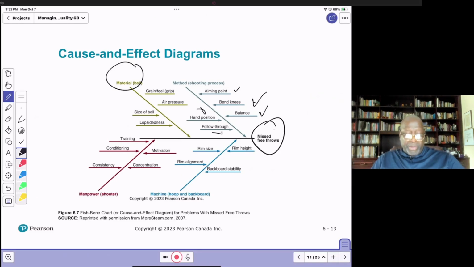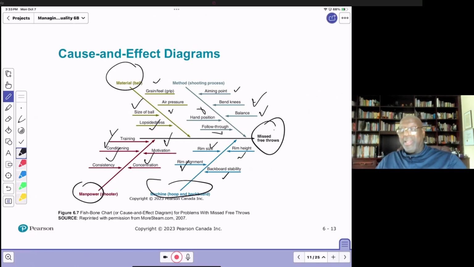On the ball, the material itself, the grain of the ball, the air pressure, the size of it could be lopsided. Training, manpower, the coaching, conditioning, consistency, motivation, concentration, and then the hoop itself, part of the equipment, the backboard stability, the rim size, the height. All of those can be potential problems.